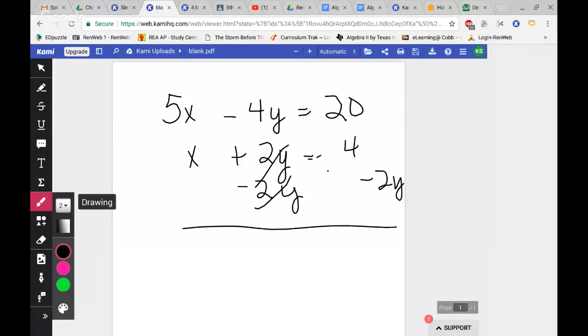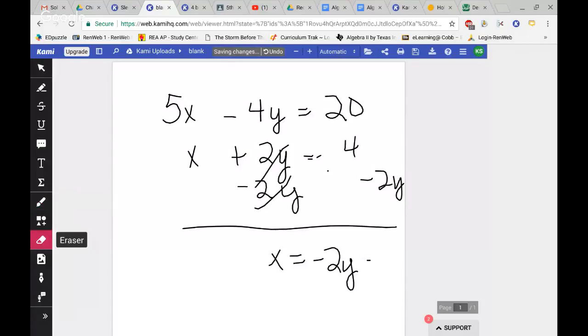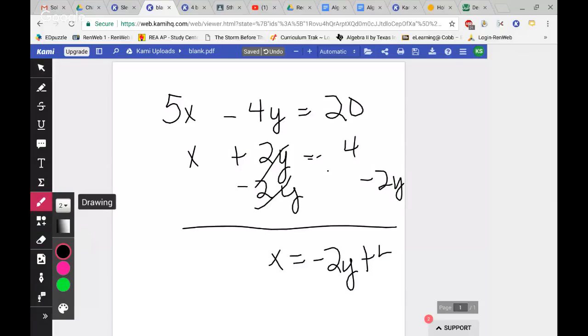So that would give me x equals negative 2y, whoops, my bad, plus 4. So this tells me that this is what x equals. So anywhere there's an x, I can substitute this value.